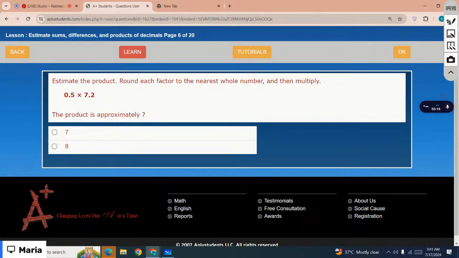Yes, 7 is the correct option. Option number 1 is the correct option.